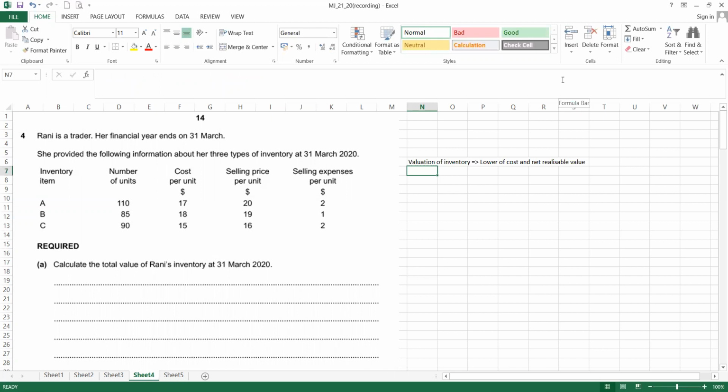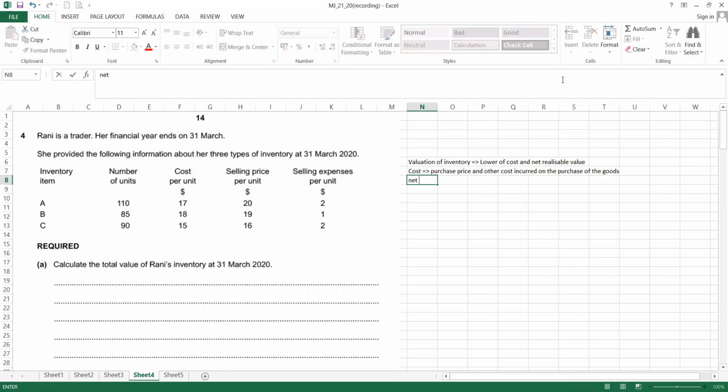What is meant by the cost? Cost is the purchase price and any other costs incurred on the purchase of the goods.